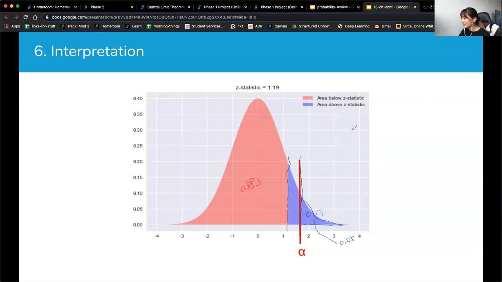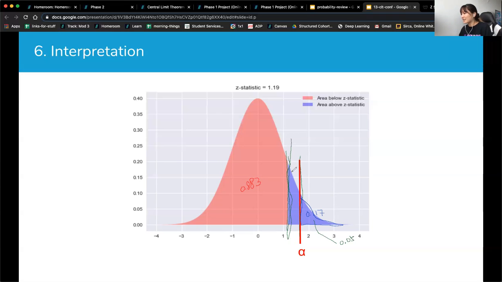What we're saying is this division between red and blue represents our sample of 40 students. The alpha represents our cutoff. Because we want to see if they're significantly higher IQ than the population, we want this 1.19 to be greater.